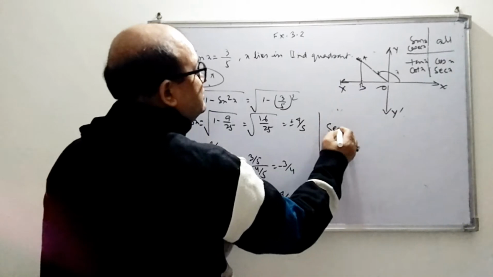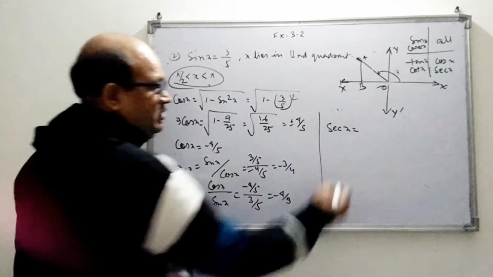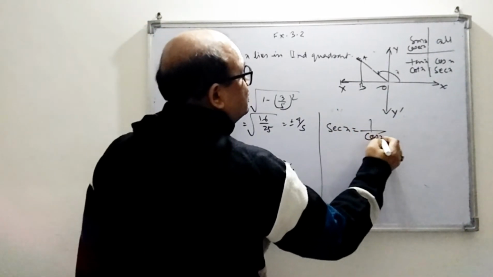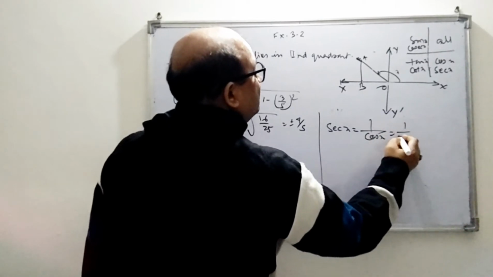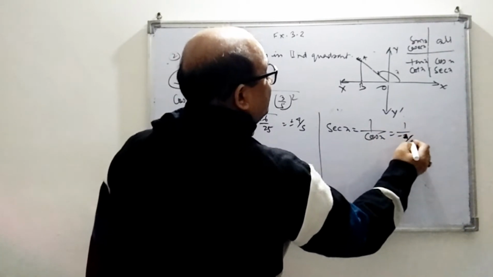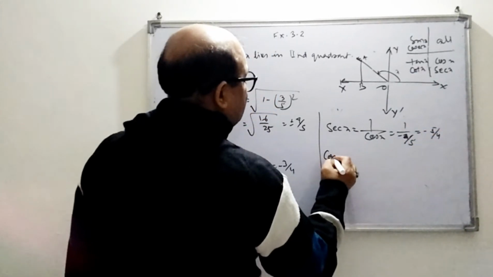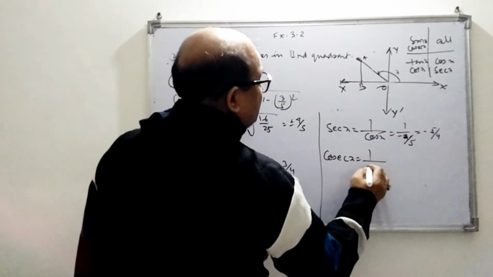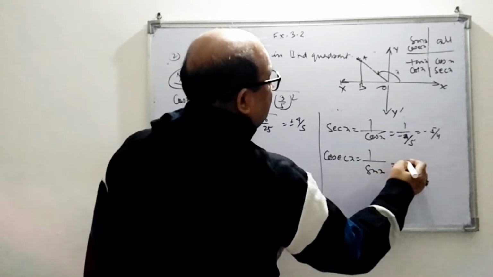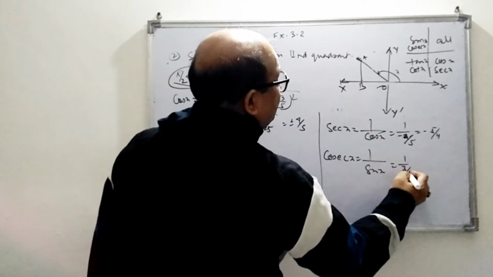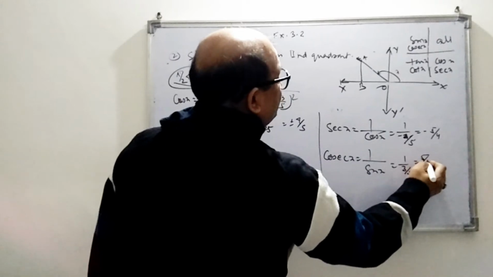Sec x is the reciprocal of cos x, that is 1 by minus 4 by 5. That gives you minus 5 upon 4. And cosec x is the reciprocal of sin x, that is 1 by 3 by 5, that is 5 by 3.